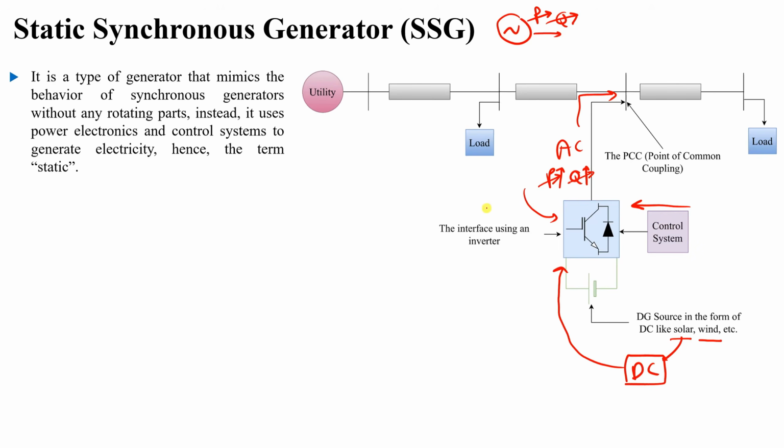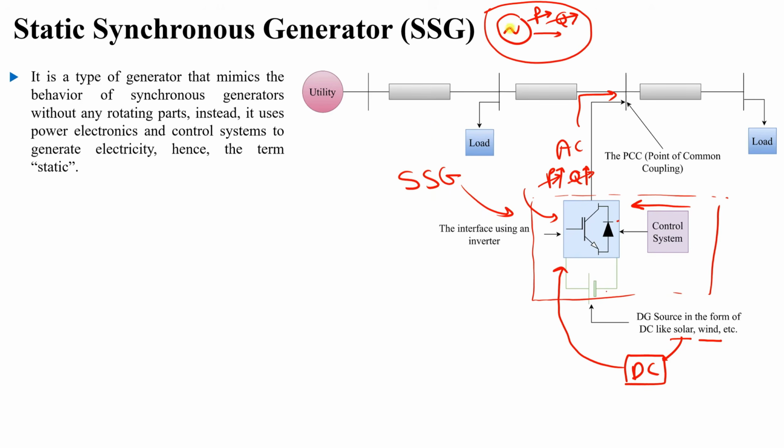When we do this, this whole system, the DC source plus the control system for the inverter, all together gives us the static synchronous generator. Why? Because it mimics the behavior of a synchronous machine, a rotating machine.